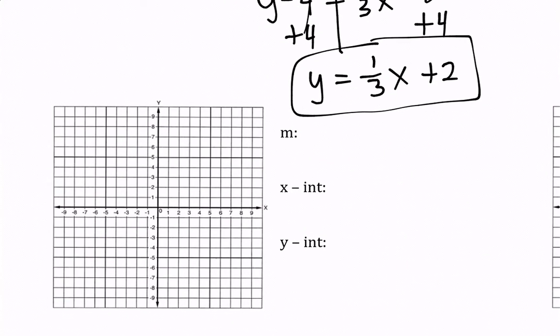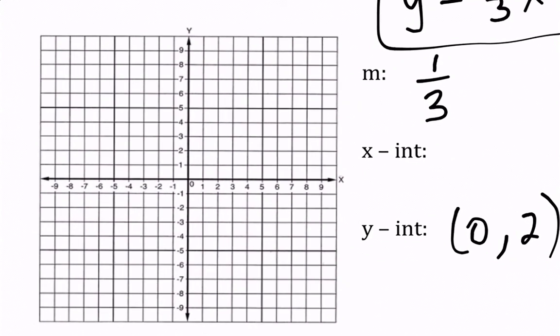All right, let's graph this guy. I know in slope-intercept form it gives me my slope and it gives me my y-intercept. So my slope is a 1/3. My y-intercept is a 0, 2. All right, I'm going to zoom in some. So on my graph, I'm going to go on my y-axis and put a dot at 2.